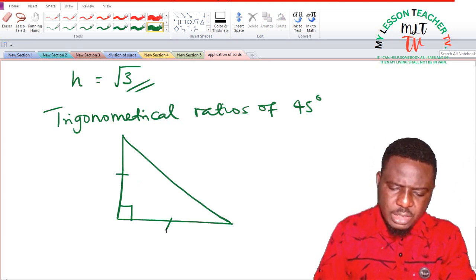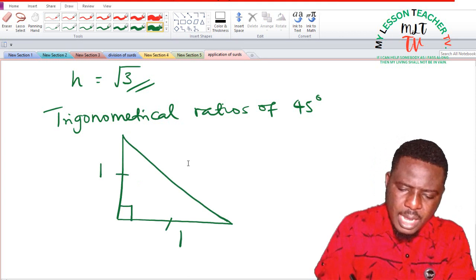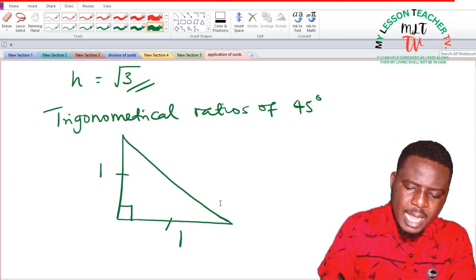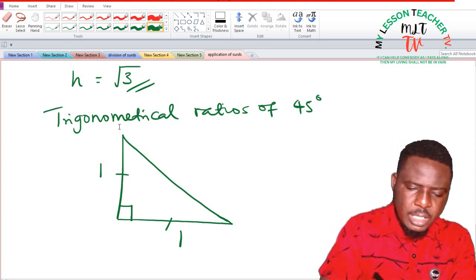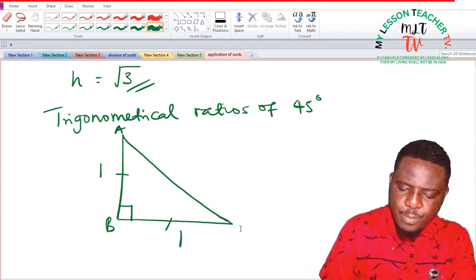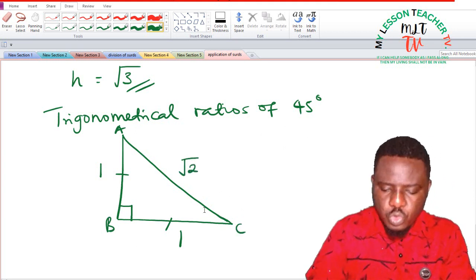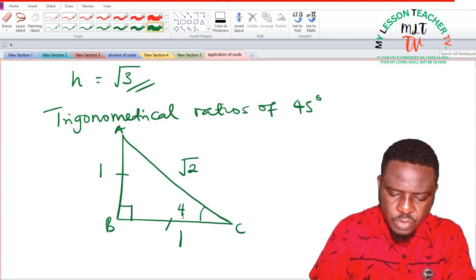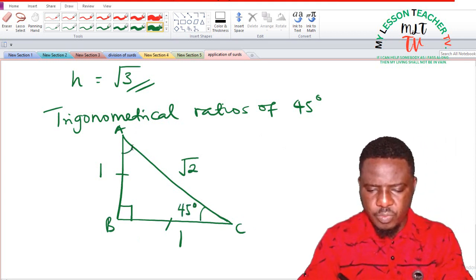So I shall call these sides 1 and 1, and let's call this the hypotenuse. And if you use the Pythagoras theorem in solving for the hypotenuse side, you agree with me that this is root 2, where this is 45 degrees, or this is also 45 degrees.